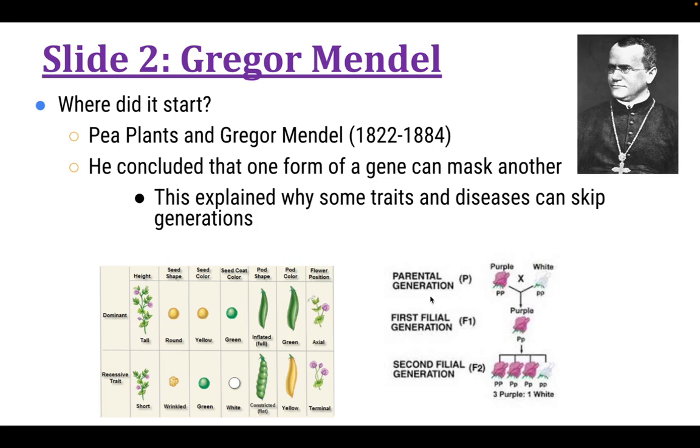Looking here with flower color, he could breed a purple with a white flower, and the generation that's produced, the first filial generation, all had purple flowers. But whenever he cross-pollinated two of the flowers from the first generation, he noticed in those offspring the reemergence of white flowers. So he was noticing that genes can be masked or hidden in some individuals.